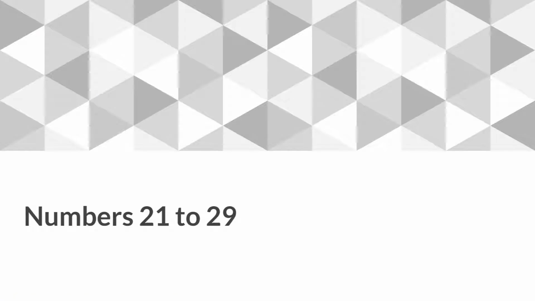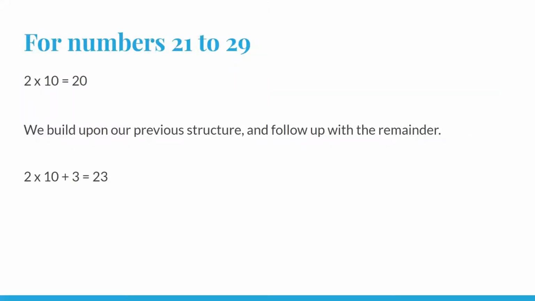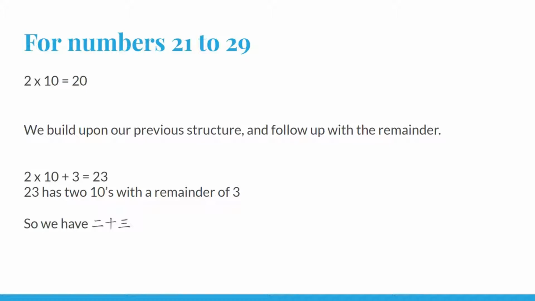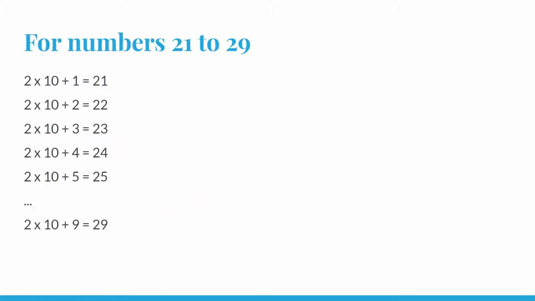For numbers 21 to 29, we build upon our previous structure and follow up with the remainder. So 20 is 二十, and 3 is 三. So altogether we have 二十三. This structure applies from 21 to 29.